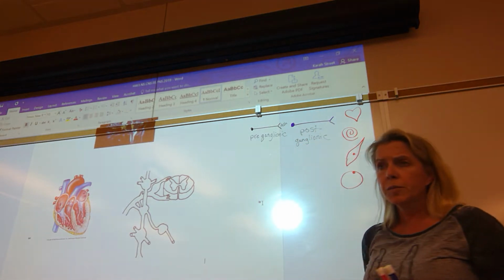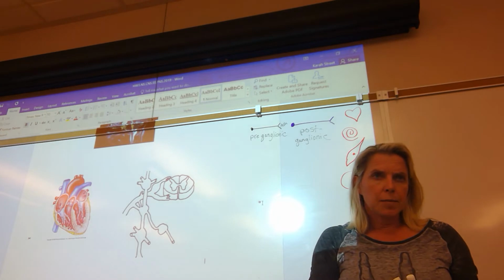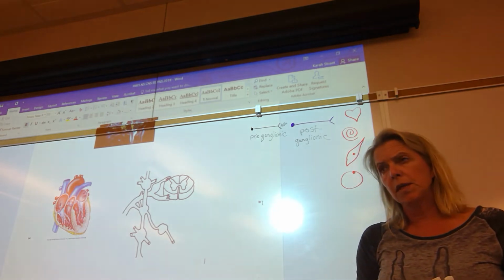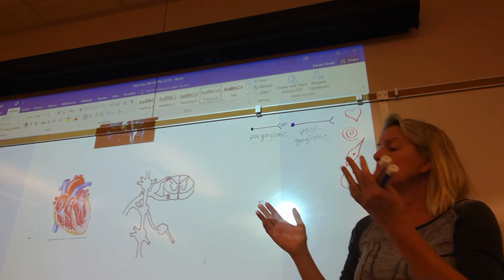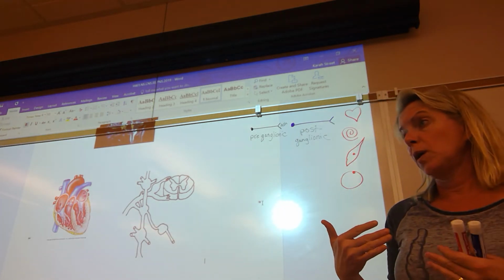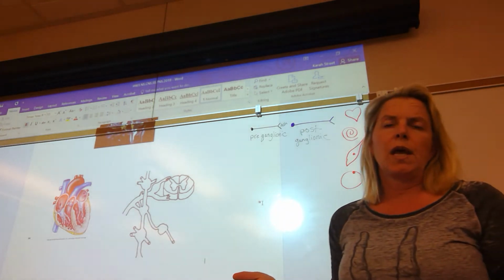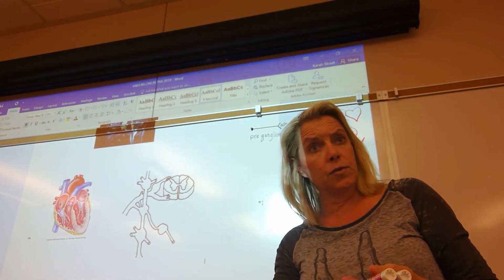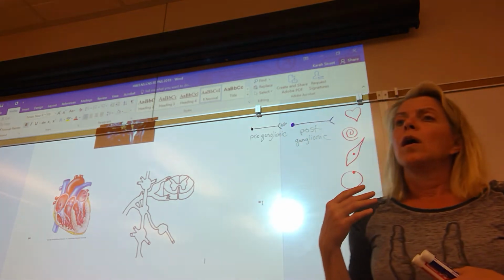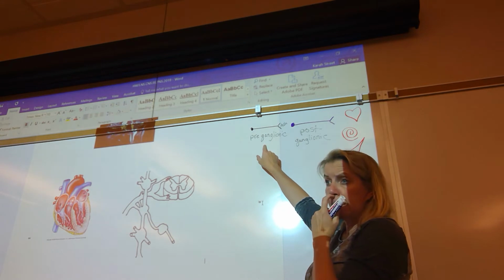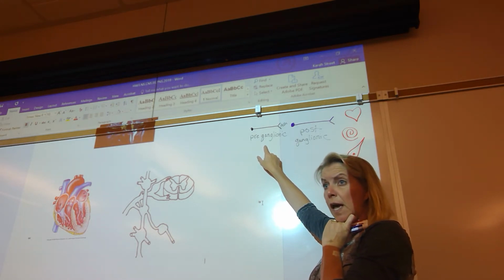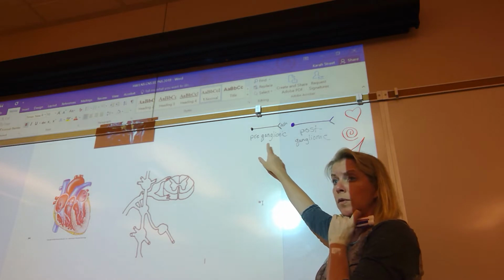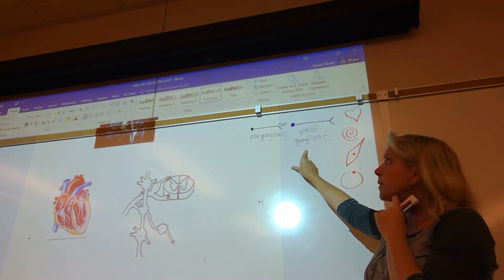Those are different terms than presynaptic and postsynaptic. Presynaptic simply means it's an upstream neuron. Postsynaptic means it's the downstream. The preganglionic neuron is presynaptic to the postganglionic neuron.